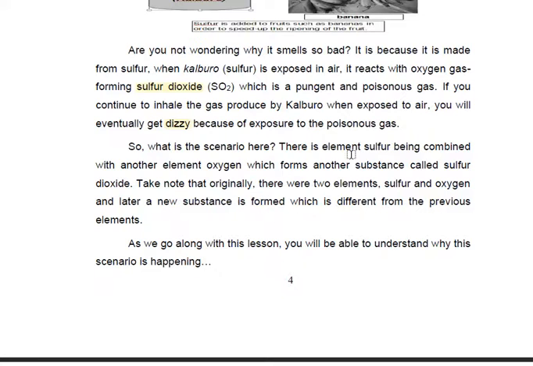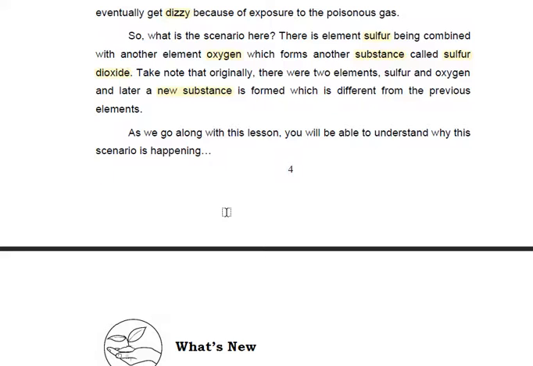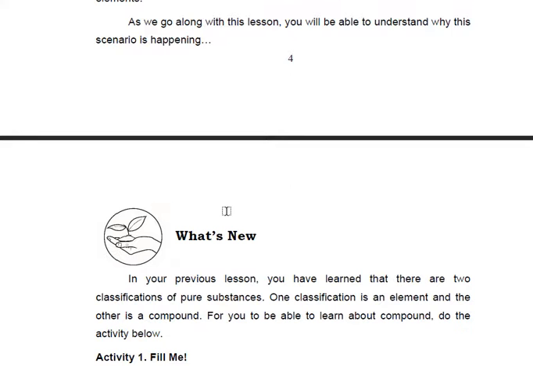So, thus, here is an element. So, sulfur being an element is combined with another element, oxygen, and it creates another substance which we call sulfur dioxide. So there are two elements here and it creates a new substance which is sulfur dioxide. So sulfur dioxide obviously is the compound.